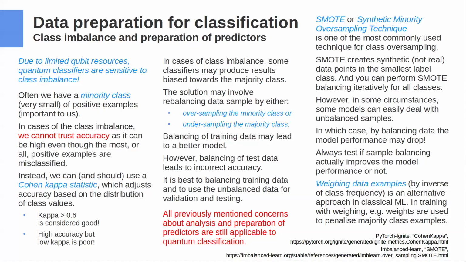There's also another interesting approach called SMOTE, synthetic minority oversampling technique, and it's used very commonly. SMOTE creates synthetic, not real, data points in the smaller label class. It creates points in between points of a given class. It uses a KNN, nearest neighbor approach, to create those artificial data points, looks at the distance to all the neighborhood data points, and based on the neighborhood it classifies either one way or the other.